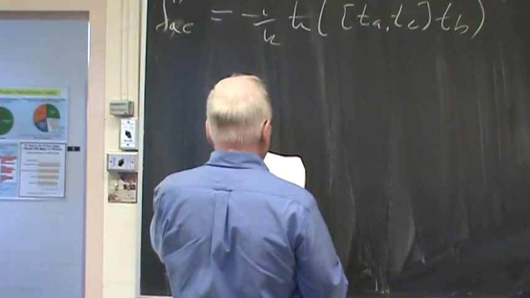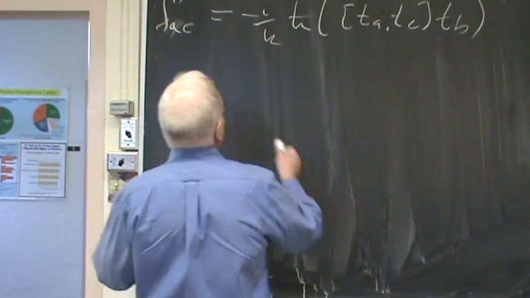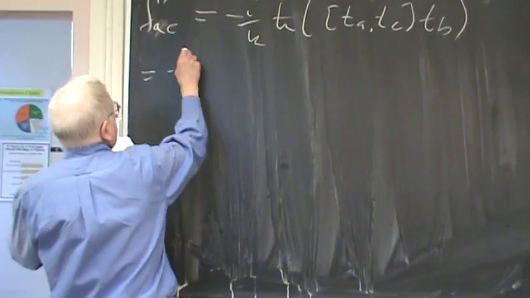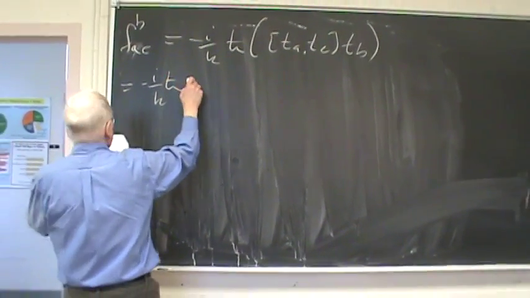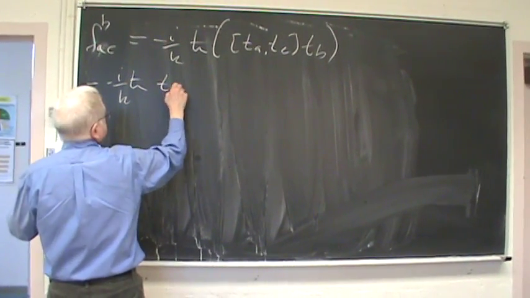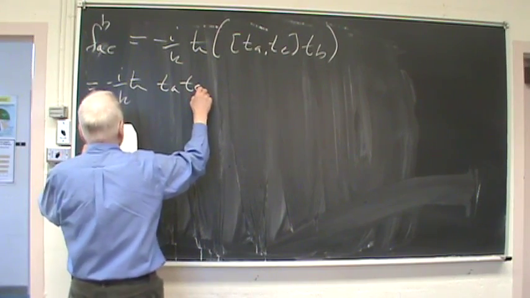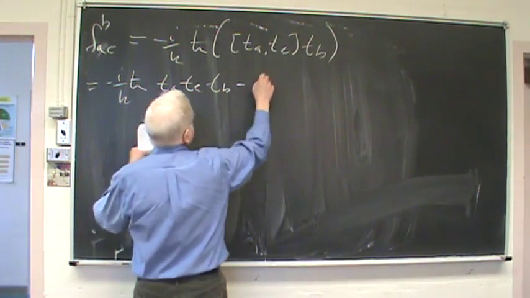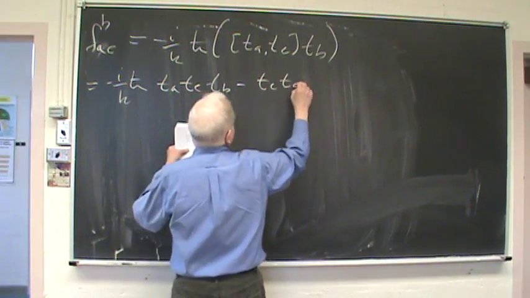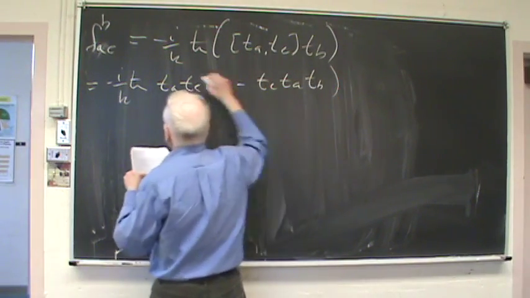Okay, so this is F_BAC, and now if we use the cyclicity of the trace, this is minus i over k trace of (T_A T_C T_B minus T_C T_A T_B).